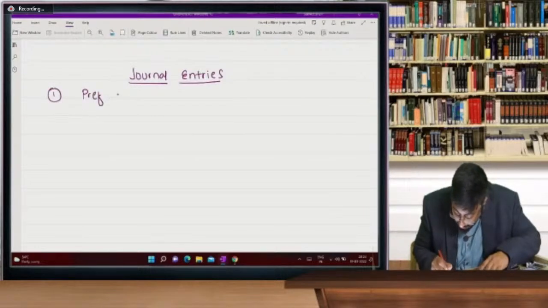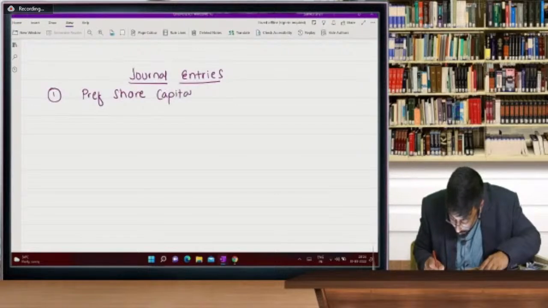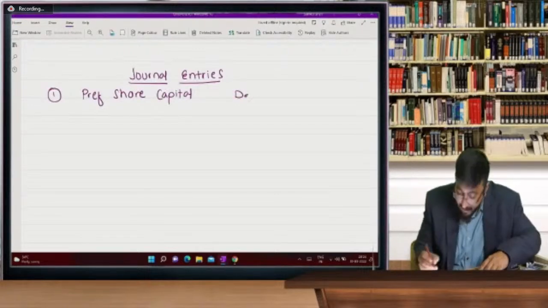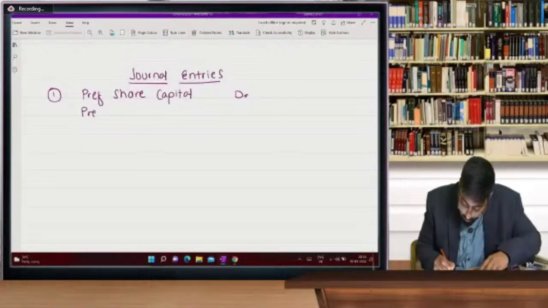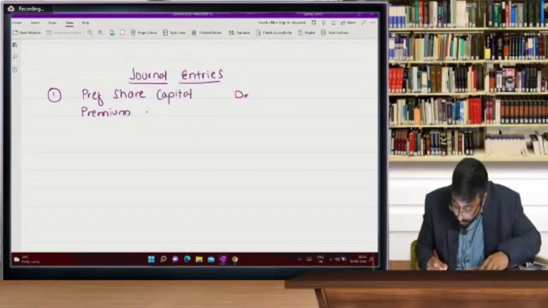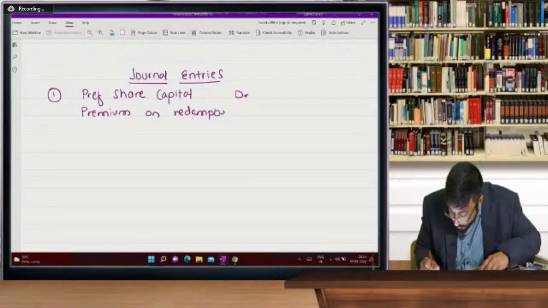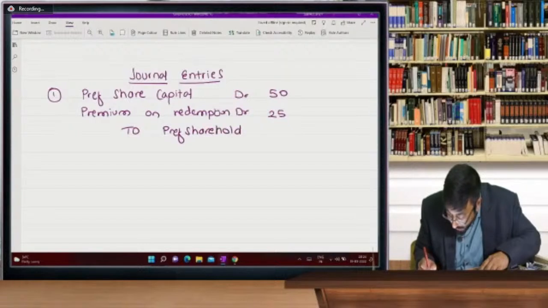Preference share capital account debit. Premium on redemption account debit. To preference shareholder 75.